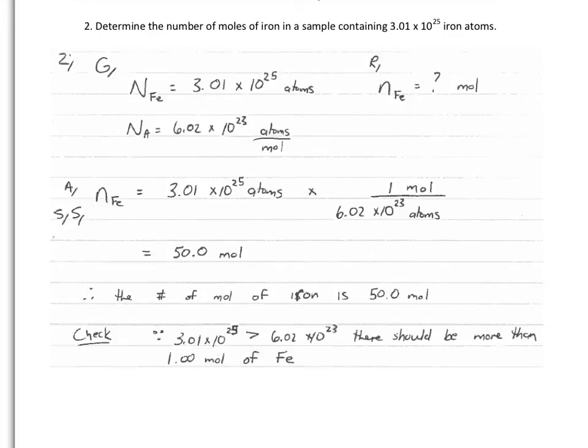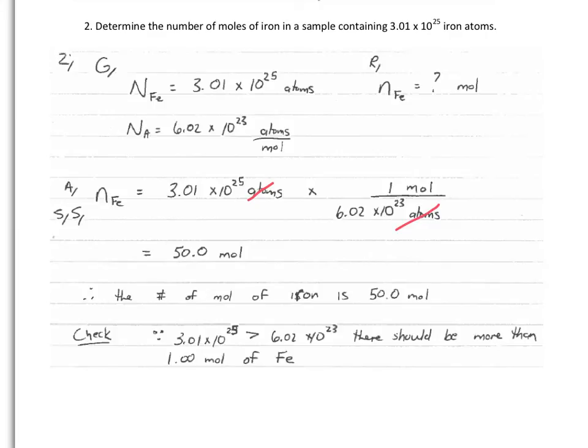And so we write the number of moles of iron here, and then write down our given information, which was the 3.0 times 10 to the 25 atoms, and use the conversion factor. Note that the conversion factor is arranged in such a way that I have atoms in the numerator, atoms in the denominator, and they are able to cancel out. A common mistake though is to write the 6.02 times 10 to the 23 in the numerator.